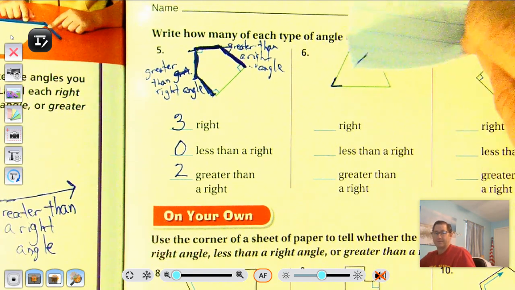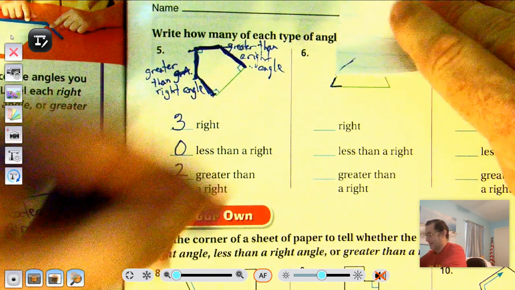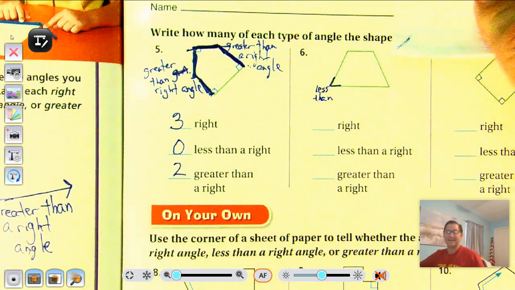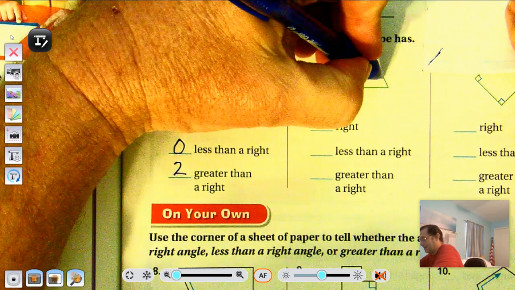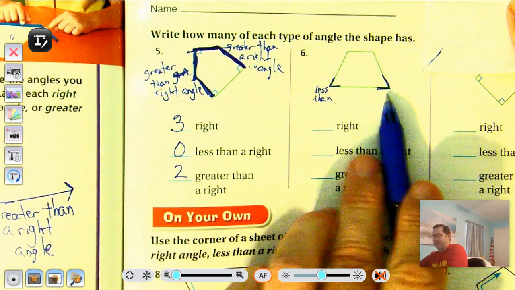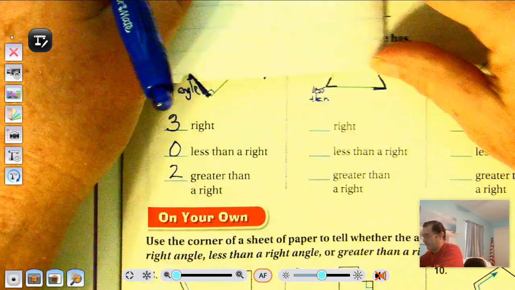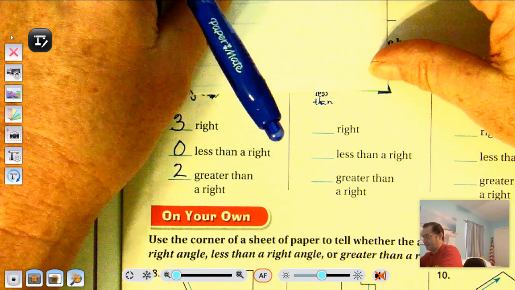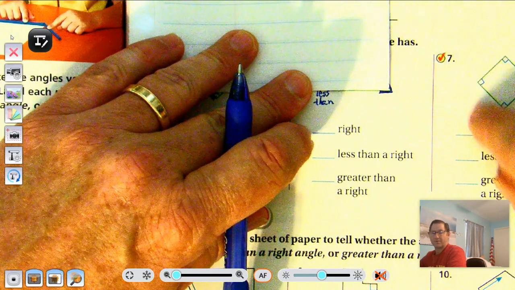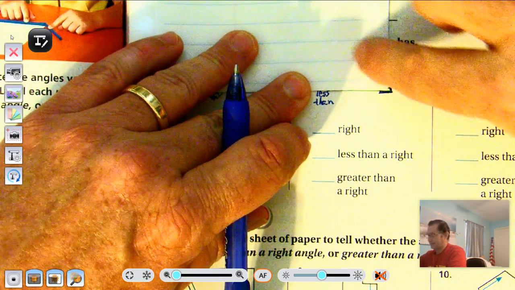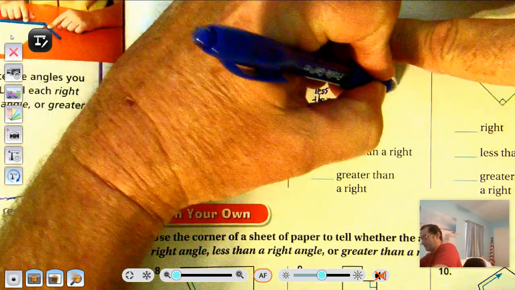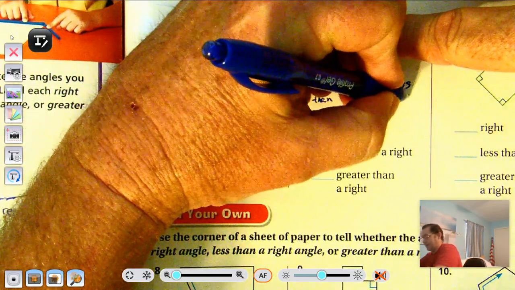So that is less than. We'll just write less than. And I'm assuming this looks like the same thing, just on the opposite side, but let's verify it. Put the piece of paper again on the edge of one of the line segments. Put the corner of the paper at the vertex. And again, I see that this part of the angle is underneath the paper. So that's less than a right angle.